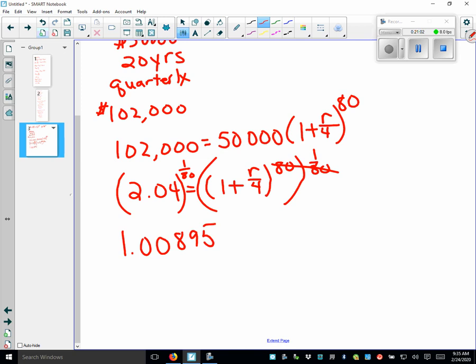Is that what you got? Equals 1 plus R/4. Subtract 1. Wait a minute, let them get it written down. 0.00895 equals R/4. So R is 3.6%.